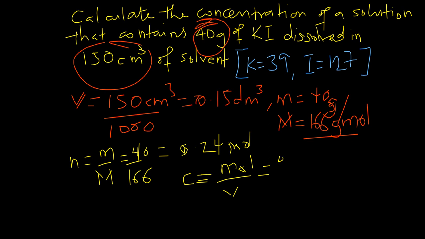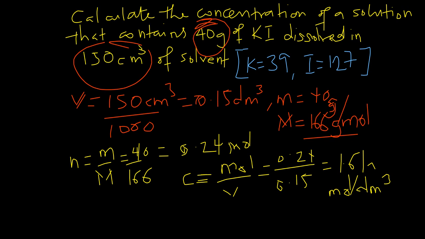When you do that division, 0.24 divided by 0.15, you're going to get what? 1.61 mole per dm cube. So that's the answer. So 1.61 mole per dm cube is the concentration of the solution.